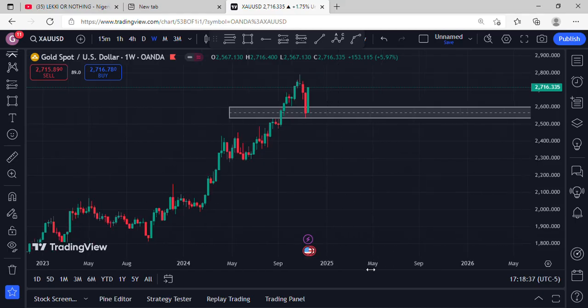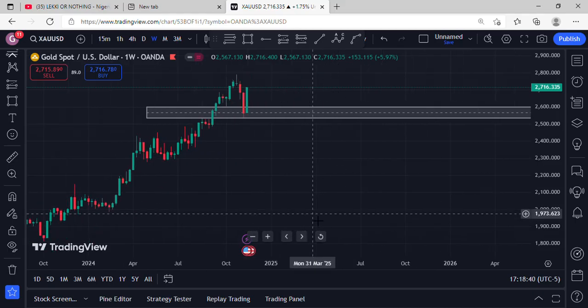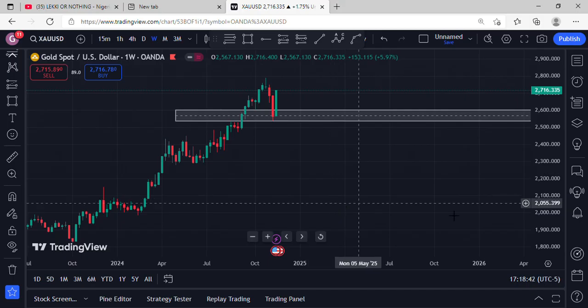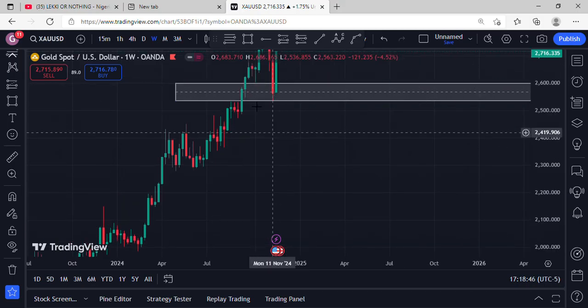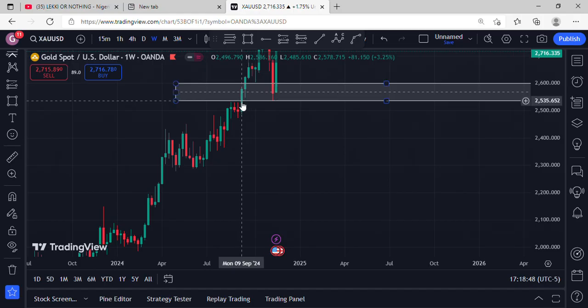Let me make it bigger so that it becomes clearer. So there is this tiny weekly fair value gap embedded inside of the monthly.